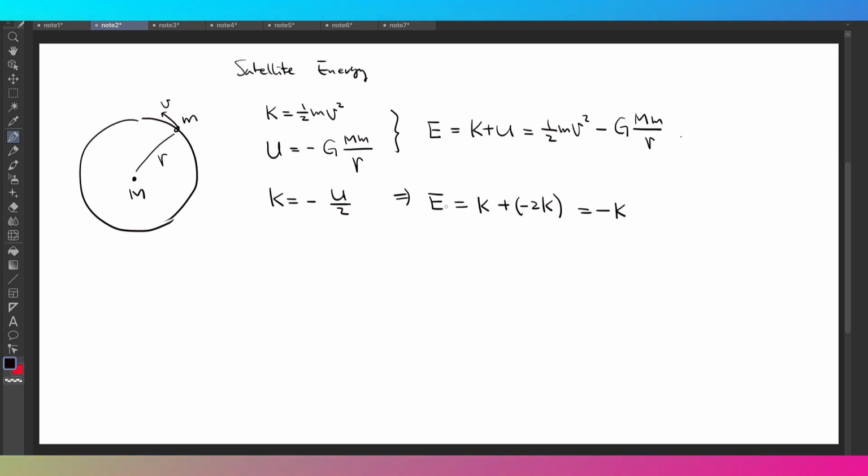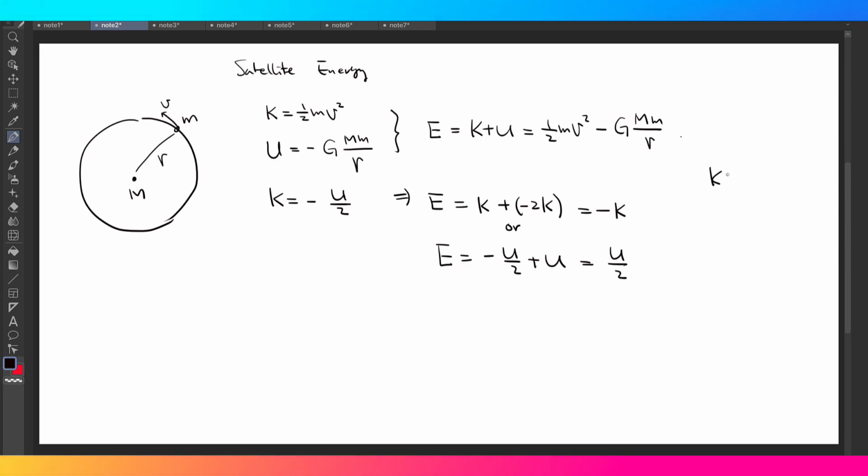So the total mechanical energy of a satellite is negative K. Or if I want to get rid of K using U, then I replace K here by negative U over 2 plus another U, then I get U over 2. So the total energy is either negative K or U over 2.